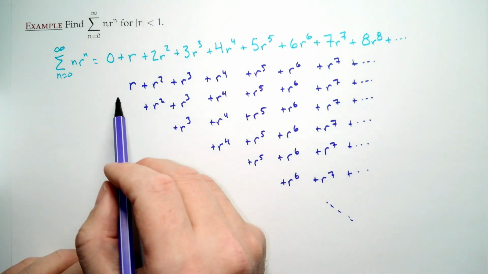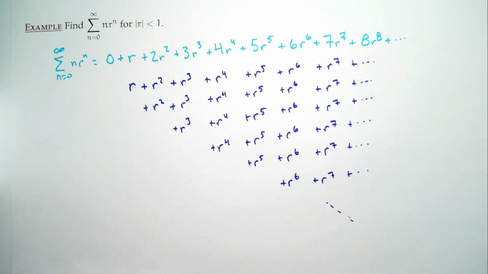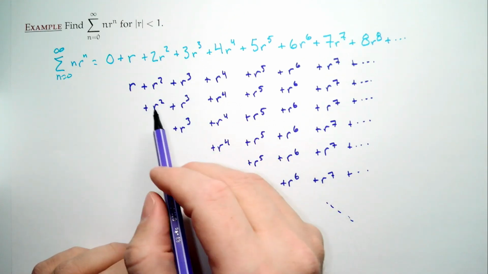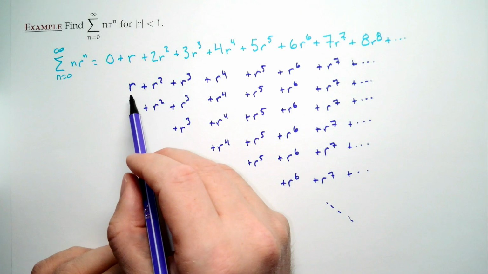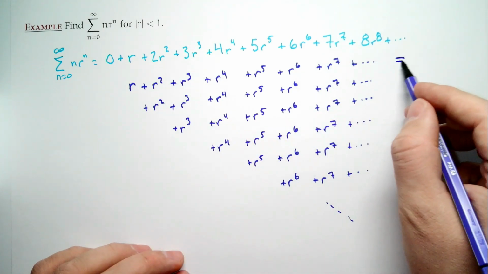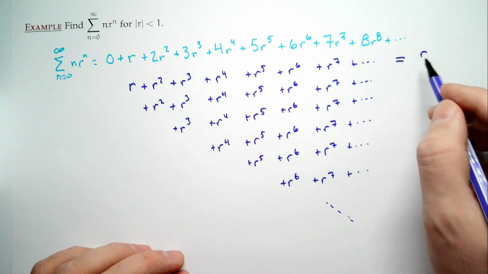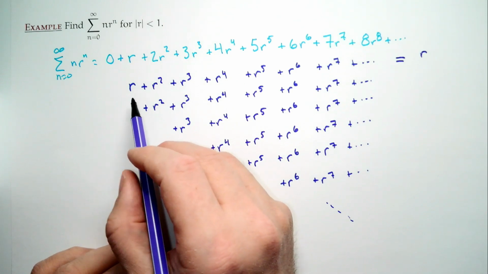Now, let's add these up. So what are we doing? Instead of trying to find one sum, we're going to add up infinitely many infinite sums. So, wow, okay, let's see what we get. Now, remember the rule. If you have a geometric sum, you start with the first term. So for the first one, we're going to get r, and then you divide it by 1 minus what you multiply by.